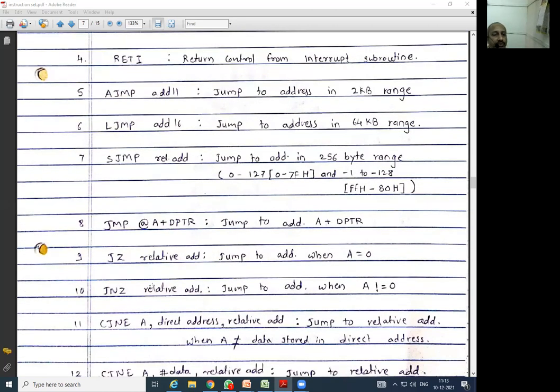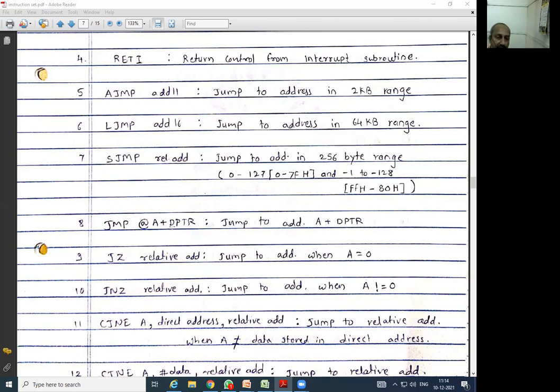After that, one more jump is there: JMP @A+DPTR. What does it mean? It is used during serial programming or serial message transferring, because at some location we have stored some data and, bit by bit or character by character, we are supposed to send it to the other end.